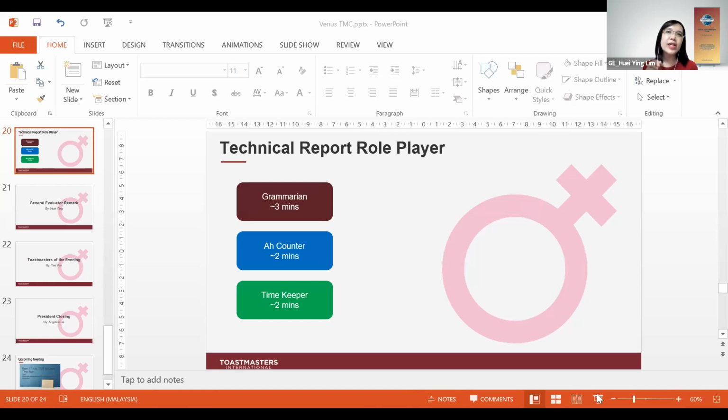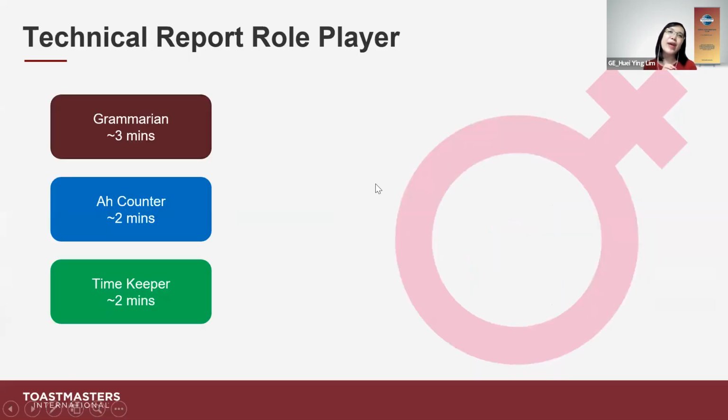In subsequent meetings, the agenda will be more detailed, because today is a more casual meeting since it's the first meeting. In future meetings, each role player will be given a specific timing, even the president's opening speech, so the timer would then time accordingly.